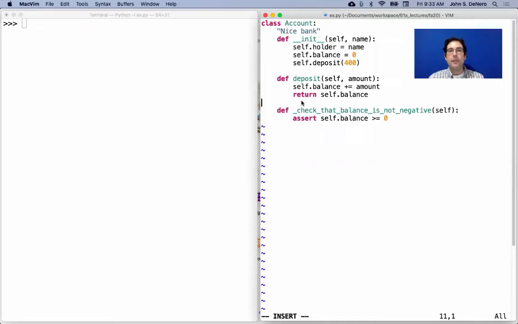Good question. Is there some way to make a user-defined class immutable? This is basically not part of Python as far as I know. There might be some way, but I don't really know what it is, and it doesn't really happen.